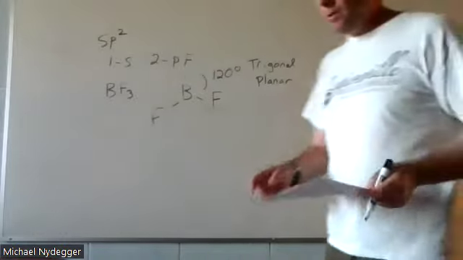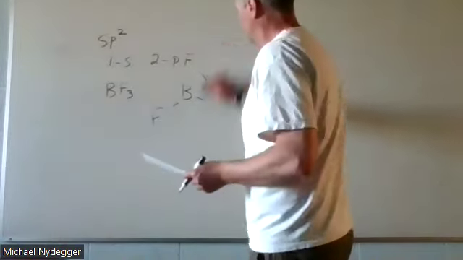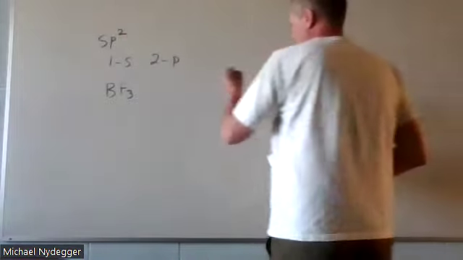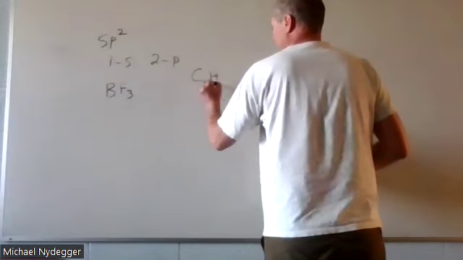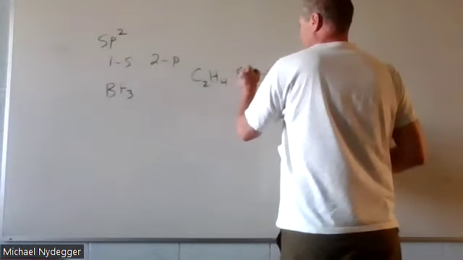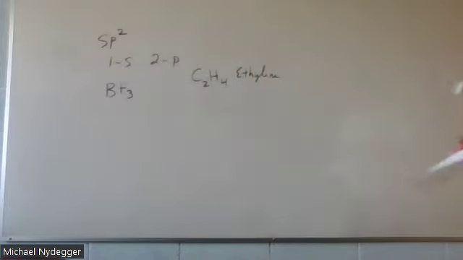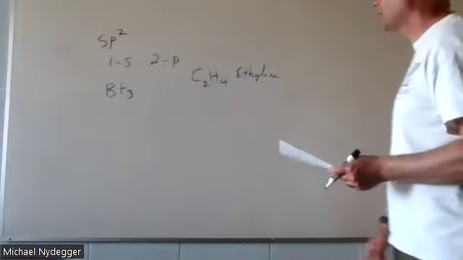Now, another example of this is going to be ethylene. Ethylene is a neat compound. It's a compound that is given off naturally in fruits and vegetables.